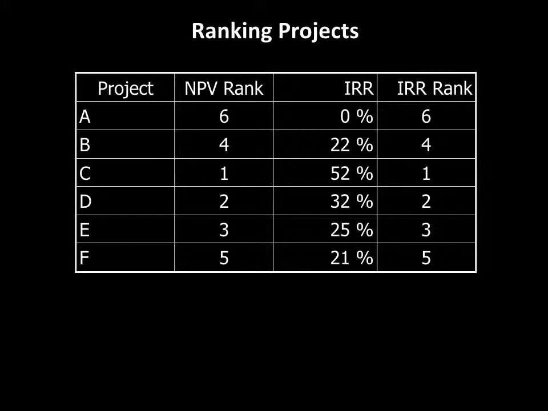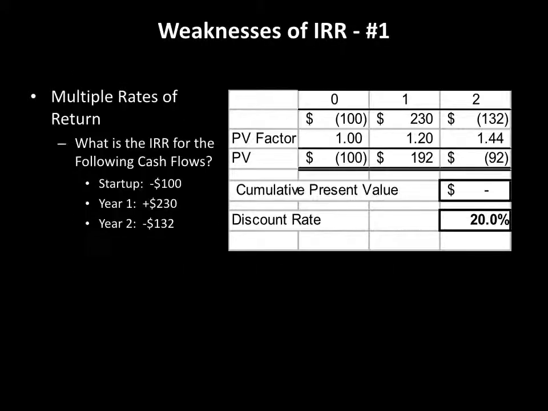Again, consistent with NPV. So typically, the internal rate of return decision rule is going to give us the same outcome as net present value. But I do want to make you aware of a couple weaknesses in internal rate of return that in special cases might lead to inconsistent decisions. One of the first weaknesses of internal rate of return is what we call the multiple rate of return issue.